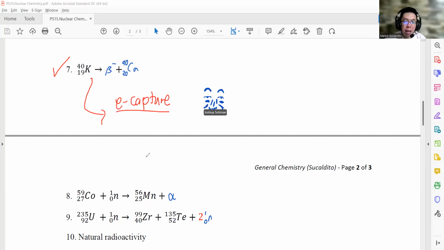Electron capture. Sulat mo nga ulit yung electron capture for potassium 40. And ano yung mabubuo niyang product? Okay, good. You're really comfortable now with nuclear reactions.